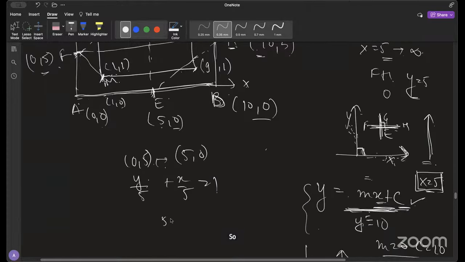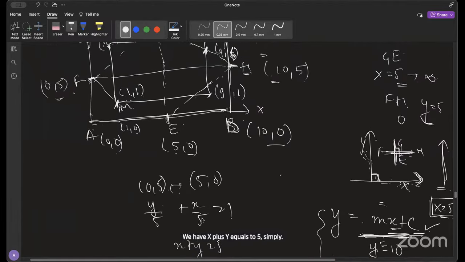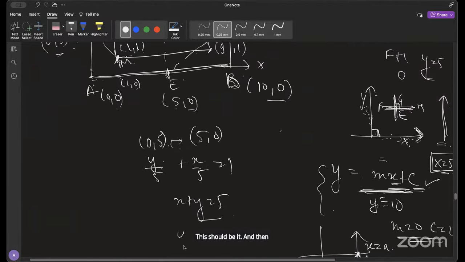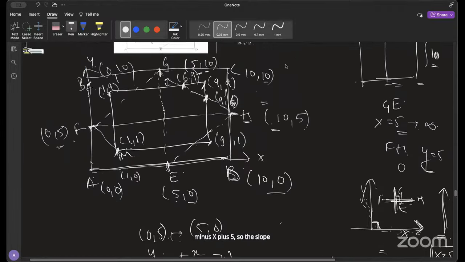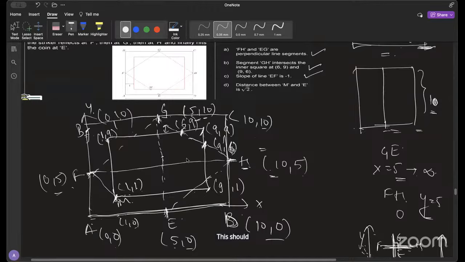So you will have x plus y equals 5 simply. And if you write it in this form, you'll have y equals minus x plus 5. So the slope is indeed -1. So this should be correct.